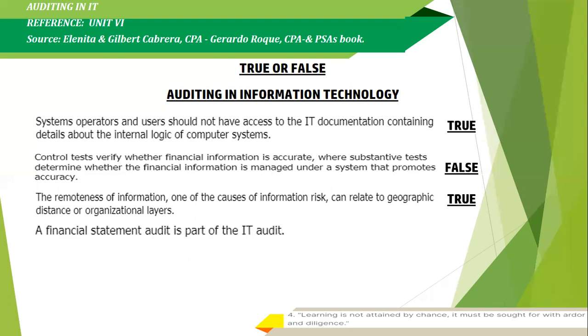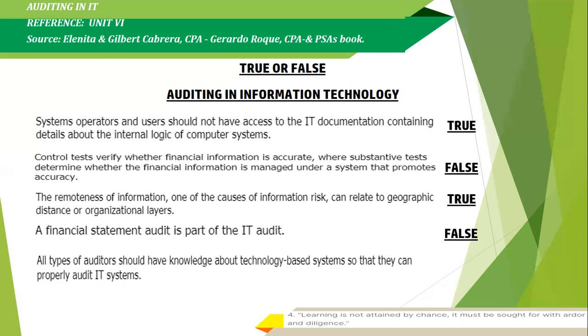Right? A financial statement audit is part of the IT audit. Is that correct, class? Or is it reversed? It seems reversed. So that is false. The IT audit is only part of the financial audit. Now, all types of auditors should have knowledge about technology-based system so that they can properly audit IT system.